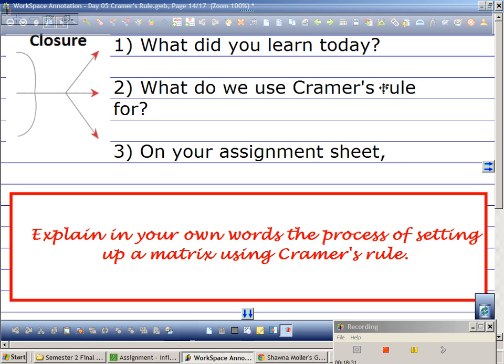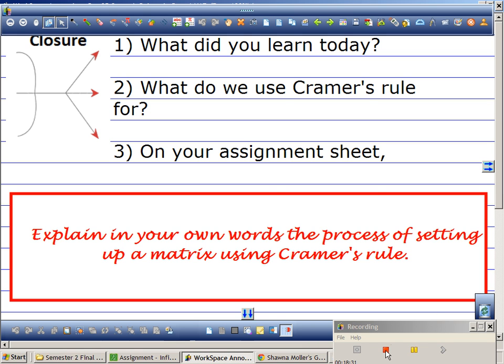Cramer's rule. What do we use Cramer's rule for? Not just expand. What are we doing? We are solving a system of equations. Explain in your own words the process of setting up a matrix using Cramer's rule. I'll get you those back in just a second. Good job, guys.